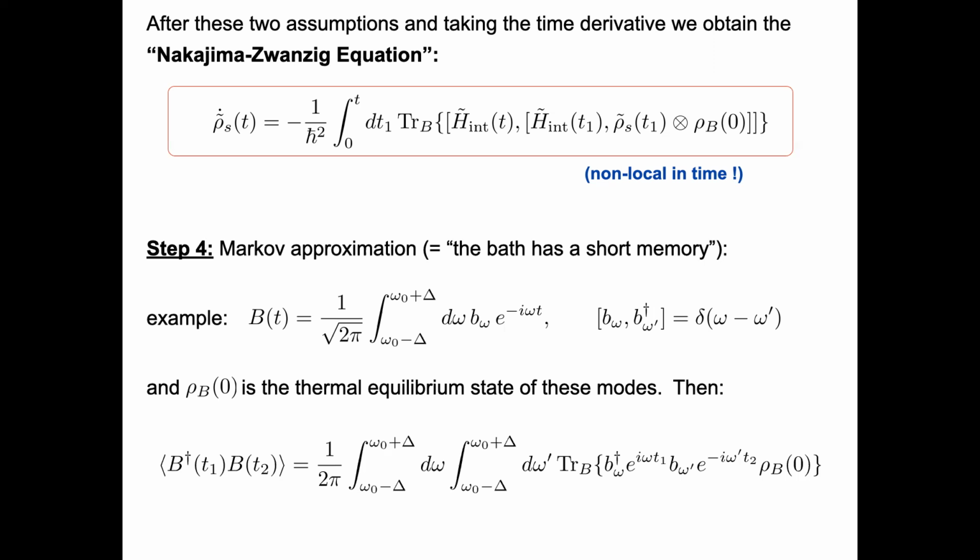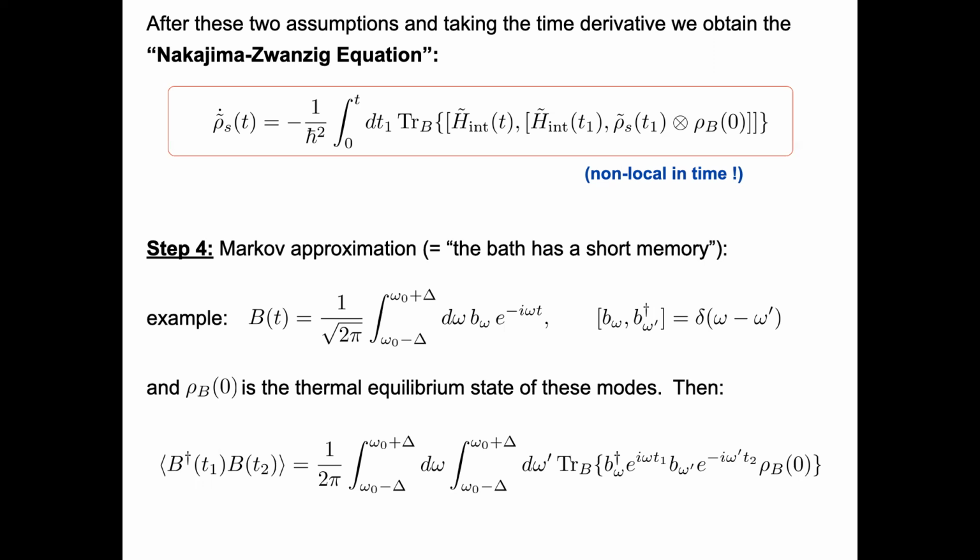Okay, and now what do we get? Let's evaluate such an expectation value. We plug in this definition. We get two integrals, over omega and omega prime, going over the same interval. Then this expectation value is the trace of this operator in between, evaluated with this equilibrium density operator.